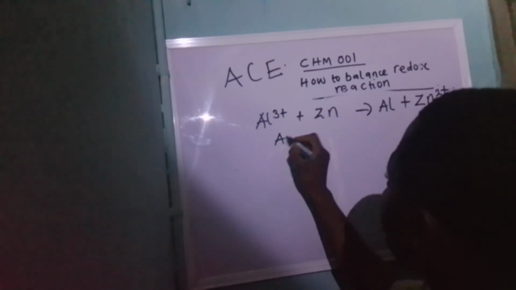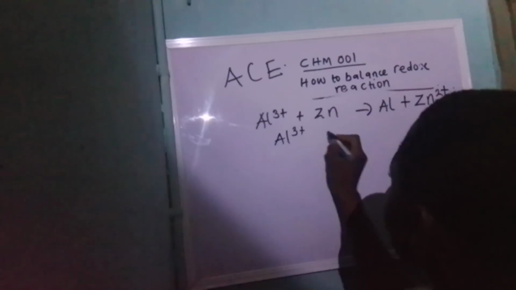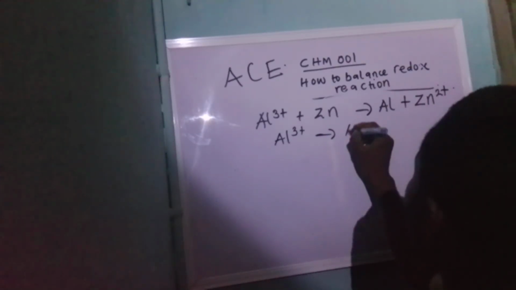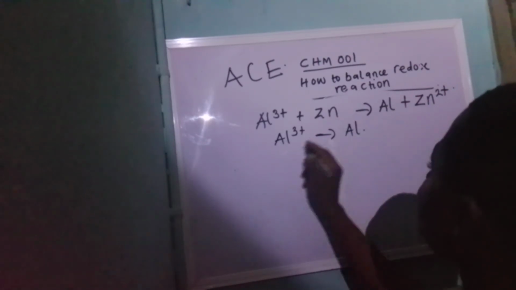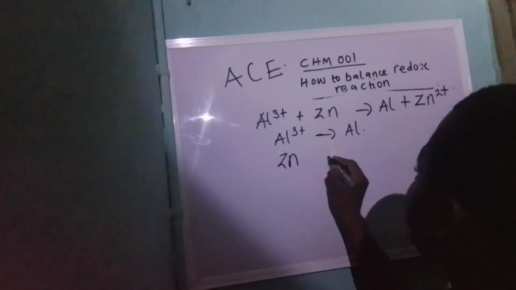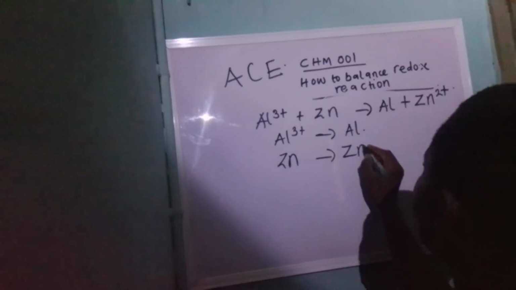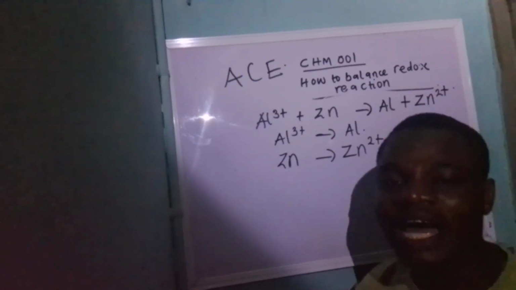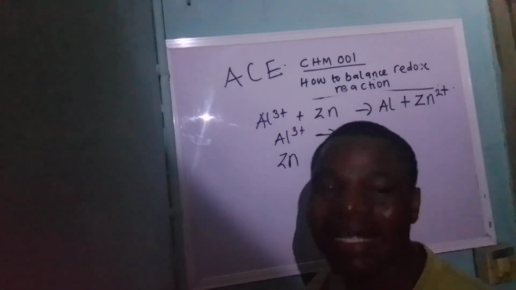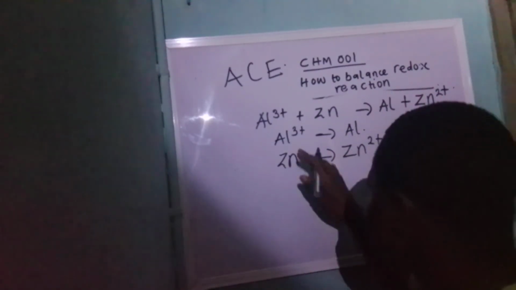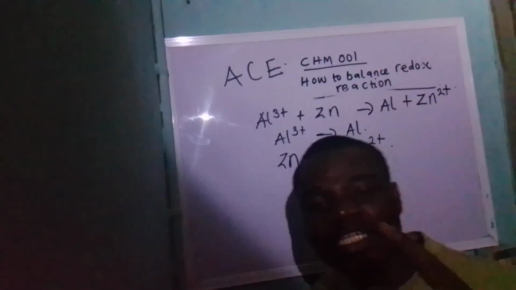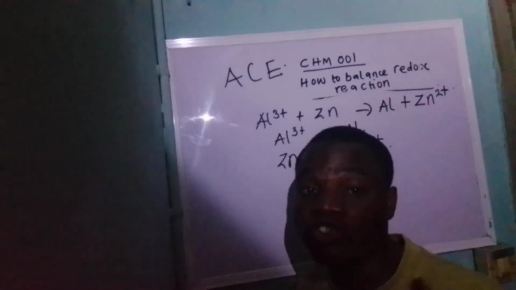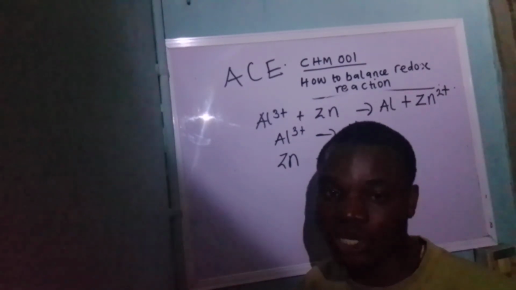So the first thing to do: I have Al3 plus to Al, and also Sn to Sn 2 plus. Class, do not forget that oxidation number matters very well. The charge carried by an element is equal to its oxidation number.